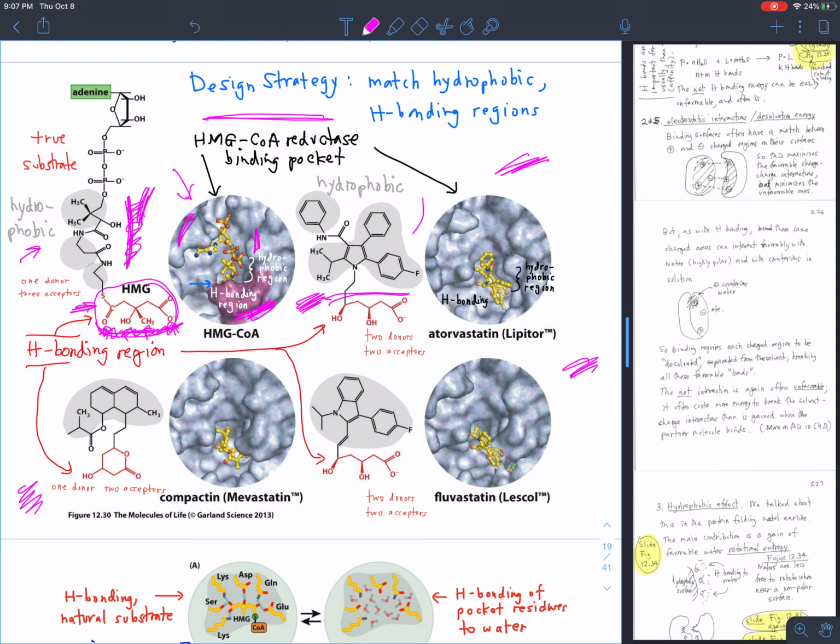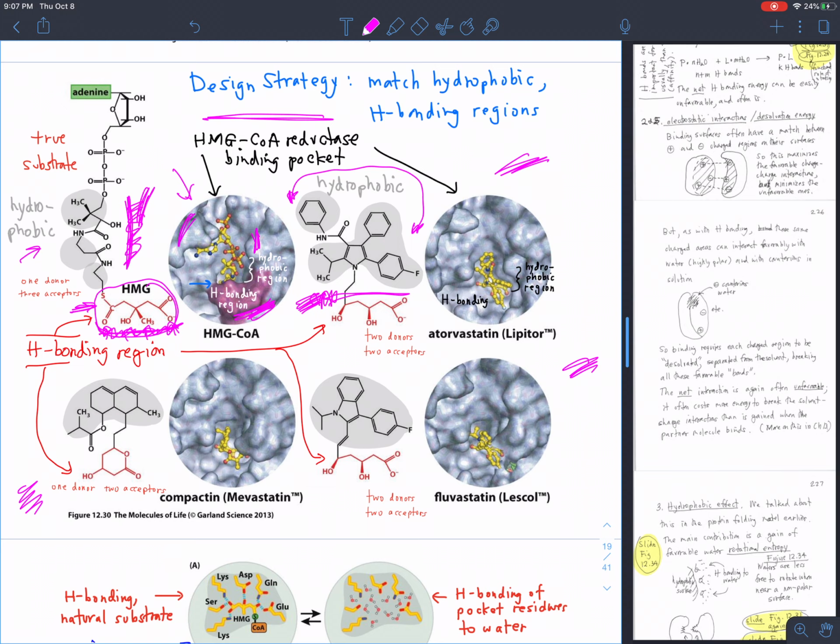But they gave it an even bigger and more hydrophobic region, so it'll bind stronger. It's the hydrophobic effect that mainly results in the strong binding, and the hydrogen bonding effect that gives it some specificity, because you don't want your drugs to bind everywhere, right?